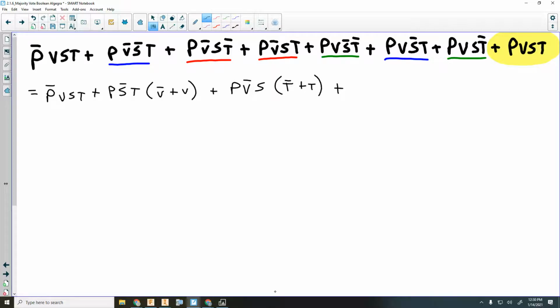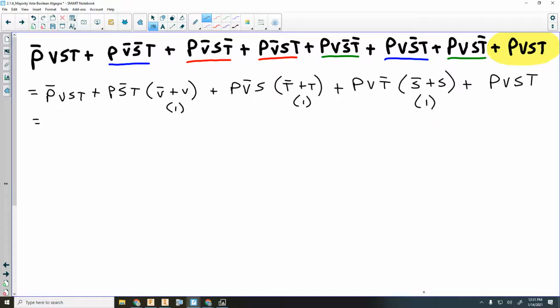And then in green, what? PV T naught. And then what do we have left? S naught or S. And then we have PVST. Now, that's 1. And I'm not going to write this down, but T naught or T is 1, and S naught or S is 1.